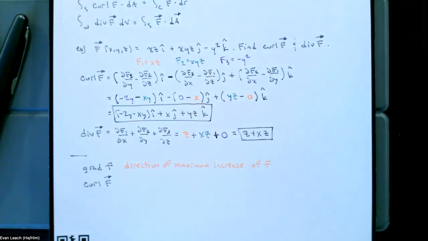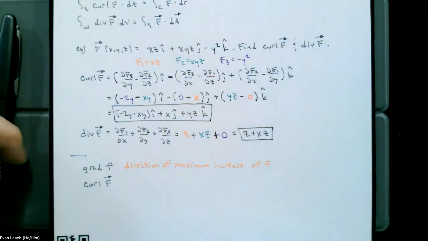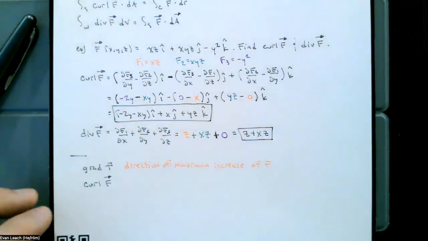The curl of a vector field is telling us how much rotation is going on in the vector field. So it'd be the direction and the magnitude of maximum rotation.